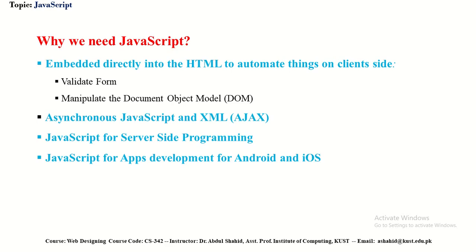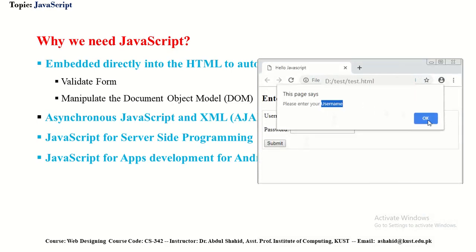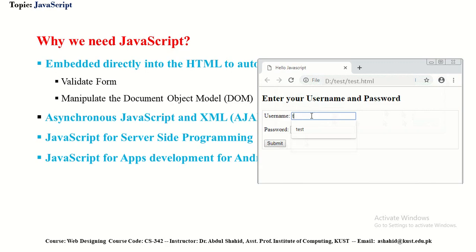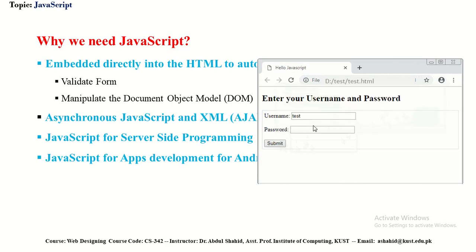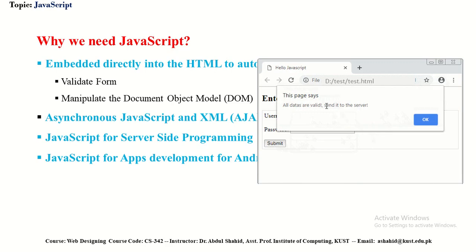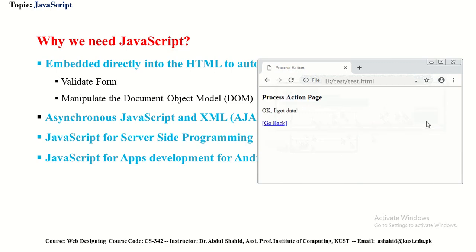The first thing could be the validation of the form. Let's look into this example. As you can see, this form contains two text fields, username and password, and as you can follow that various messages are shown before sending the data to the server.